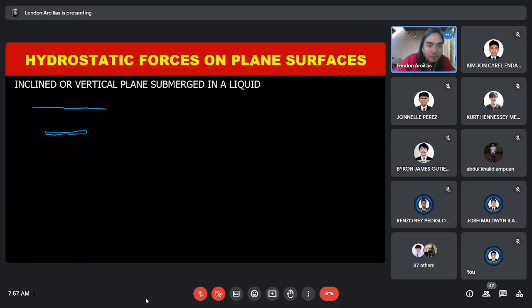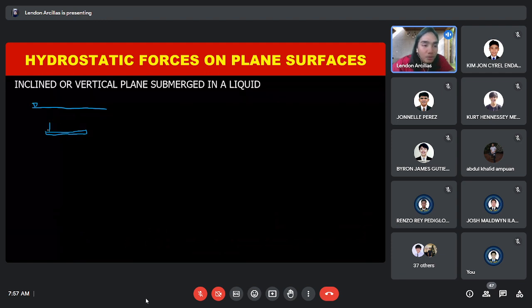pressure. Okay? Yung kanina natin, yung pagkuha natin sa pressure is horizontal, 'di ba? So pressure acts here vertically. 'Di ba pag nagme-measure tayo ng pressure doon sa ating manometers, naka-horizontal siya. The idea there is the force is concentrated at the center.